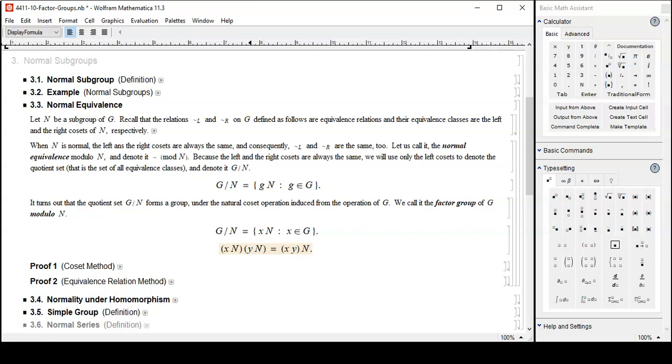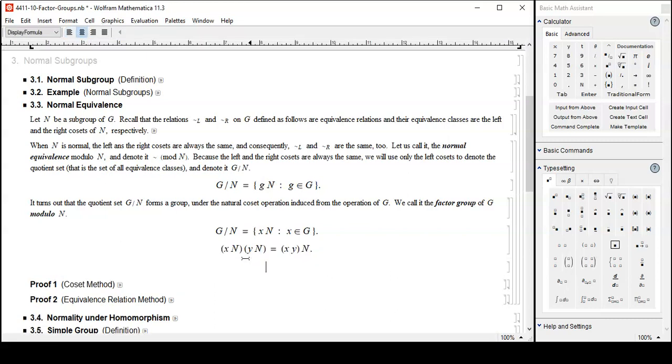But whether it is well defined or not is a big deal. We have a problem because this xN is not unique, and this yN is not unique. We may have different representatives, basically.